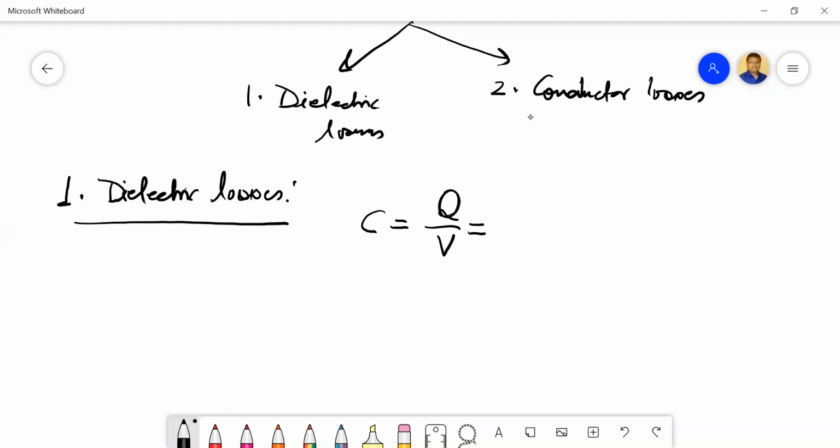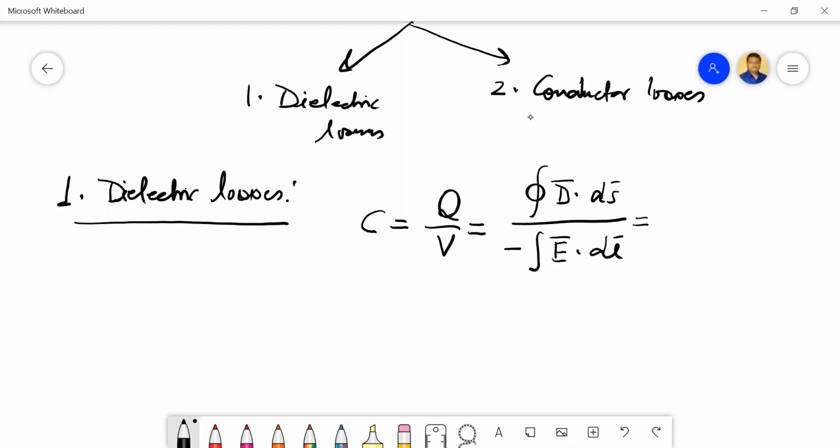So if you can expand, first you can write as closed integral D dot dS divided by minus E dot dL. So this is a very basic thing we recall. If you see, this is Gauss law. Another is that we define E dot dl is equal V.